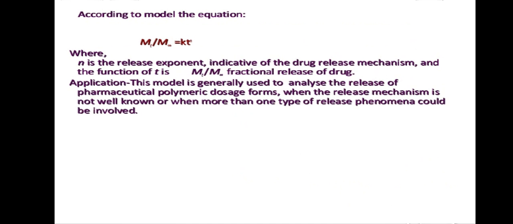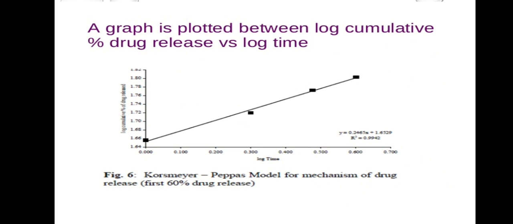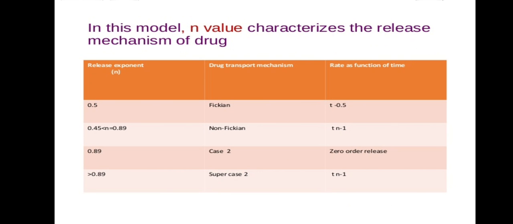This is the equation for the Peppas model, and the application is generally used for analysis of release from pharmaceutical polymeric dosage forms when the release mechanism is not well known or when more than one type of release phenomenon could be involved. This is the graph plotted between log cumulative drug release versus log time.